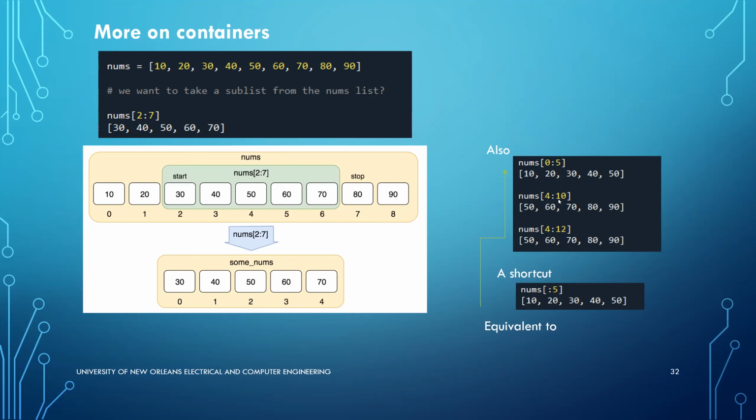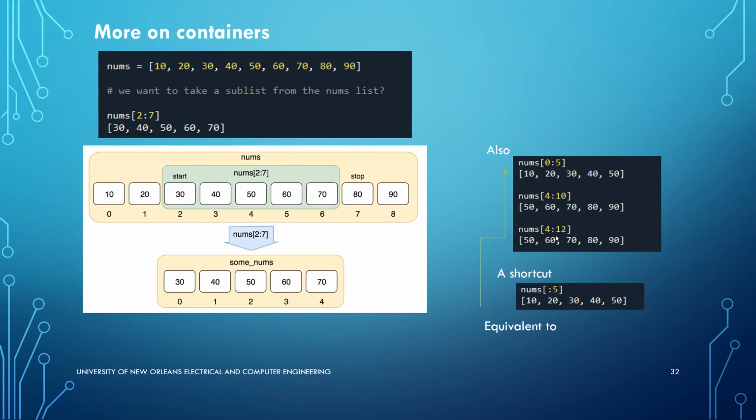So in this case, even though we only have 9 elements, if you do 4 colon 10, it's going to start at element 4: 0, 1, 2, 3, 4, which is 50. And then saying to stop at 10, even though we don't have 10, it's just going to ignore anything after 9, and it's going to give you whatever is after this 4th index element.